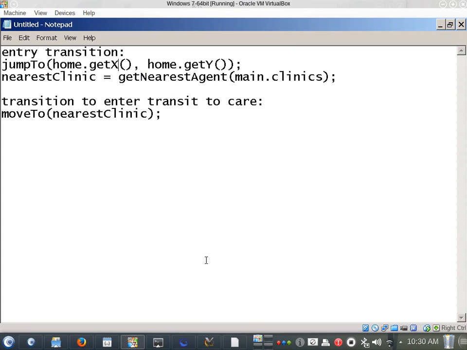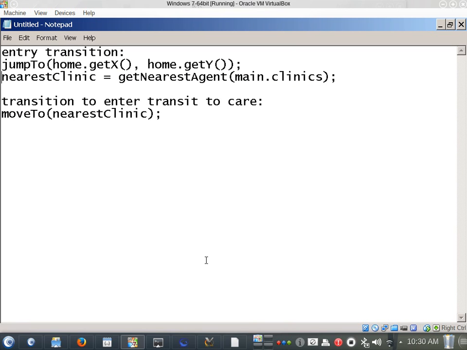Instead of having a variable and predetermining it, you could say move to, get nearest agent. That would actually be very elegant. I prefer that.